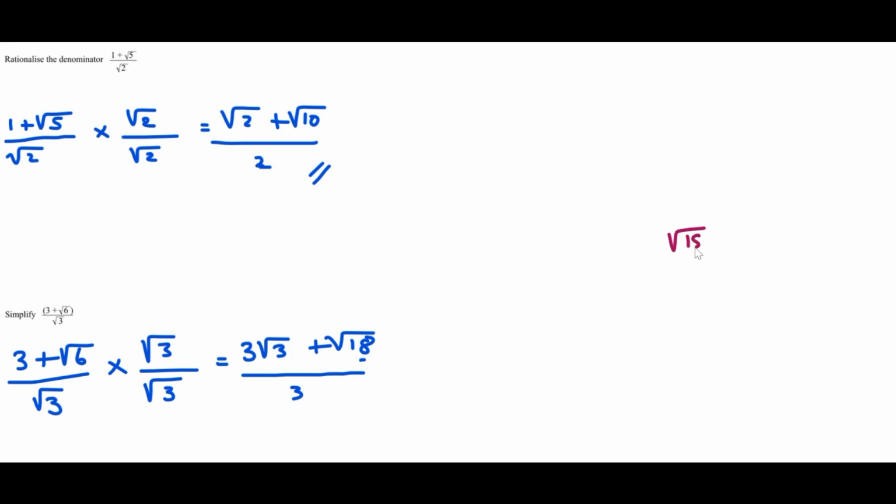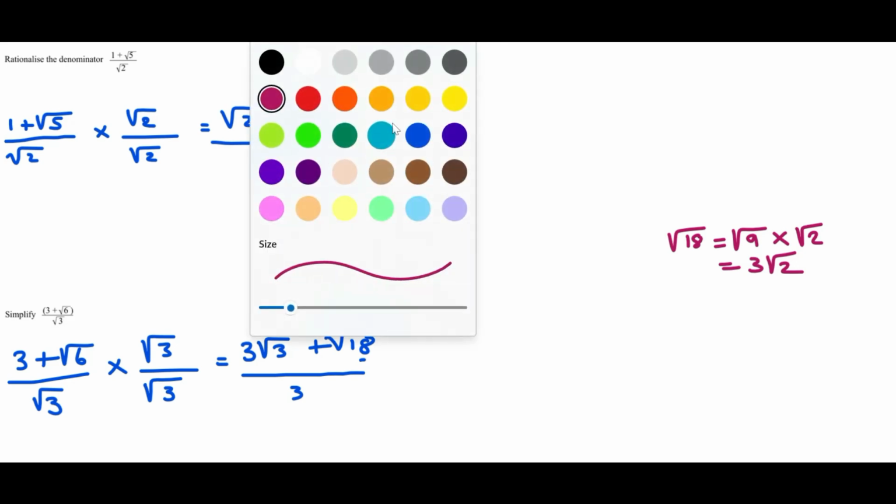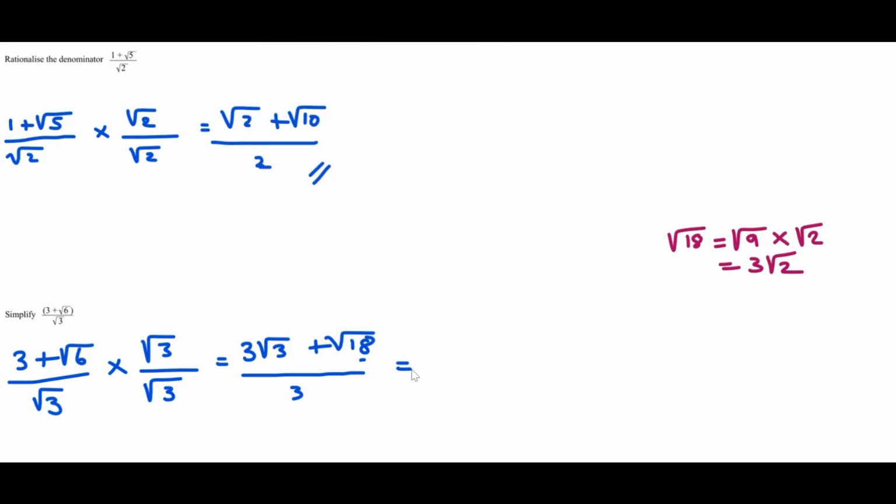So root 18 can be rewritten as root 9 multiplied by root 2, which gives us an answer of 3 root 2. Subbing that back in gives us 3 root 3 plus 3 root 2 over 3.